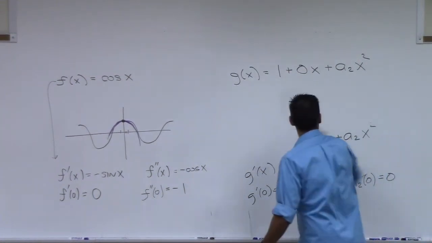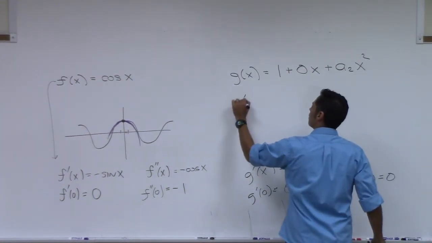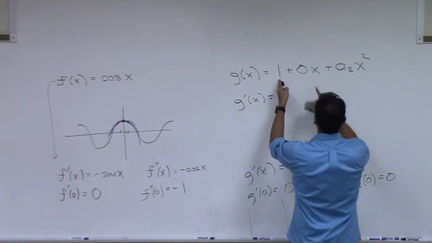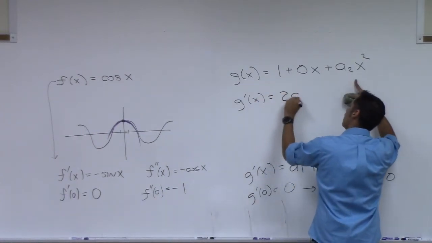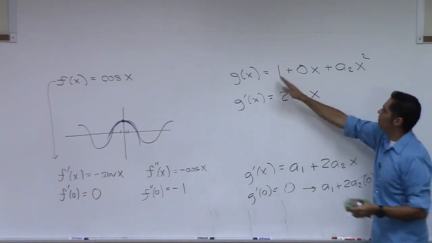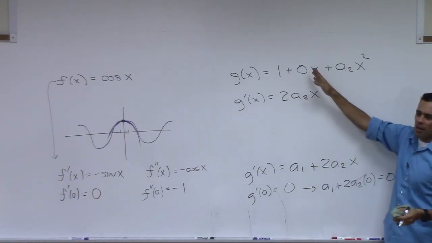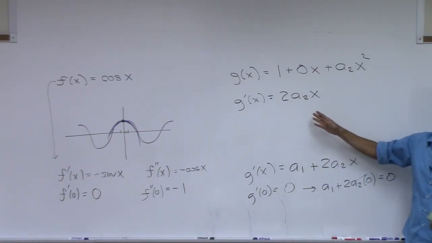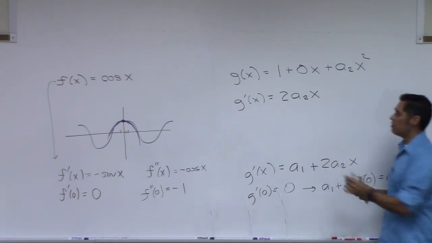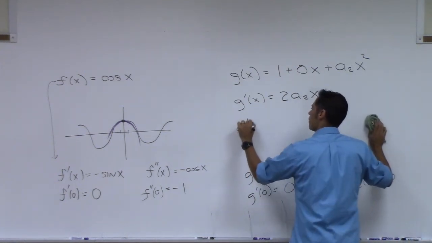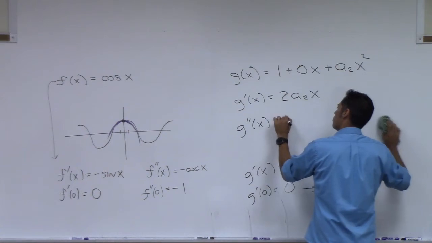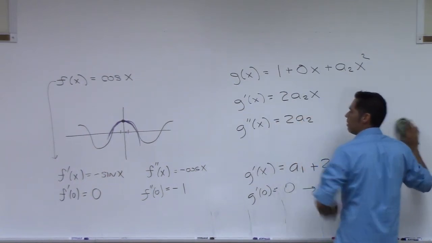So now what I do is I take the second derivative of this. So the first derivative we already know is, what, 2 a sub 2x? Derivative of that. That's not even there, okay? And then this. Take the second derivative. What's the second derivative? 2a sub 2, right?